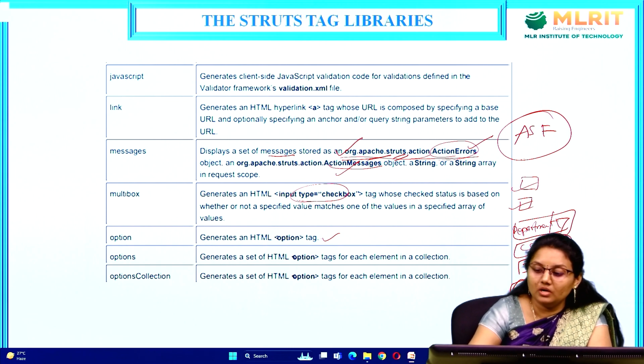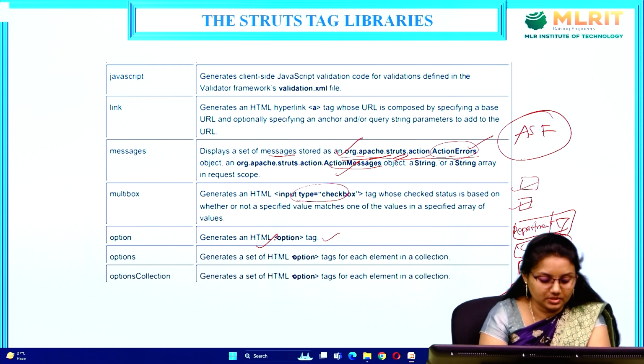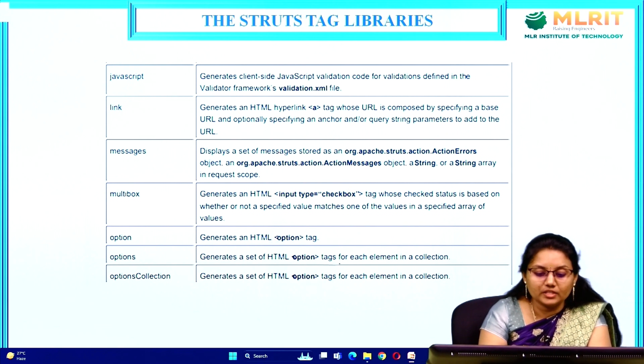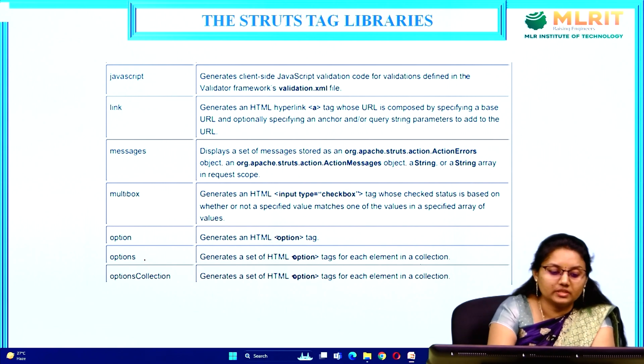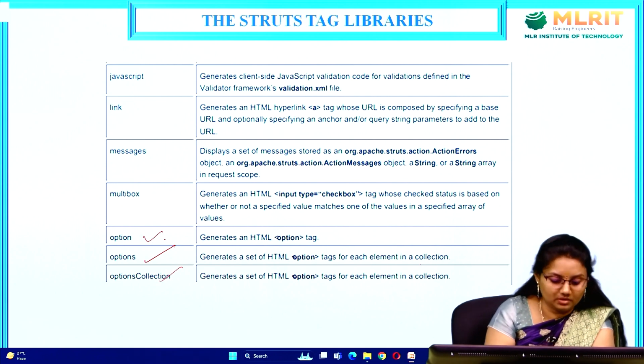So all this we are giving. If you are selecting this, these are the set of options. If you want to get all these options like this, then we will go for this option tag. Then it generates a set of HTML option tags for each. So options, multiple options, option, single option, option collection, this is also similar to your option tag.